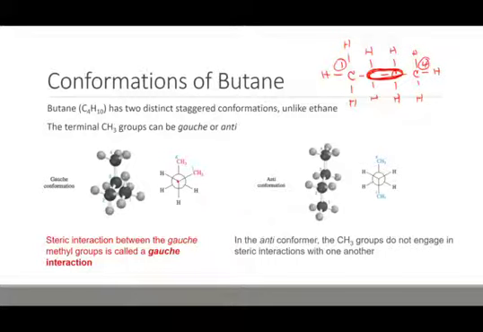So that's how you get this Newman projection here. We have our front carbon number 2. It has 2 hydrogens on it. This is carbon number 2, with this hydrogen, and it has a methyl group in the front with it. That's carbon number 1. And the back carbon, carbon number 3, also has 2 hydrogens on it, as shown. And it has a methyl group attached to it, which is carbon number 4.